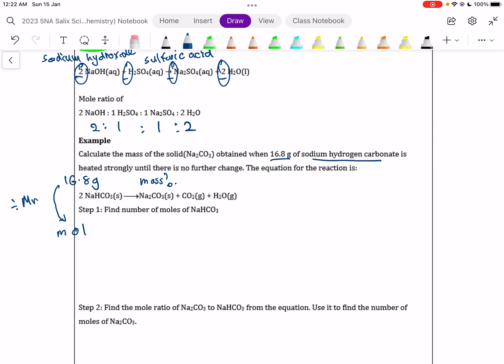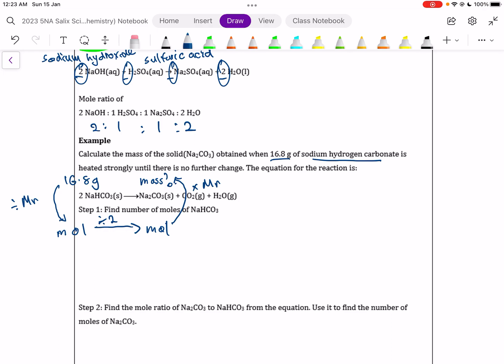Then after that, you use the mole ratio, which is 2:1. So 2 units to 1 unit, divided by 2 to get the number of mole of the sodium carbonate. Then after that, you multiply by the Mr of sodium carbonate. So we are looking at a three-step scenario.